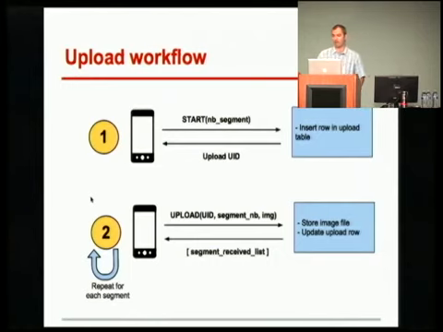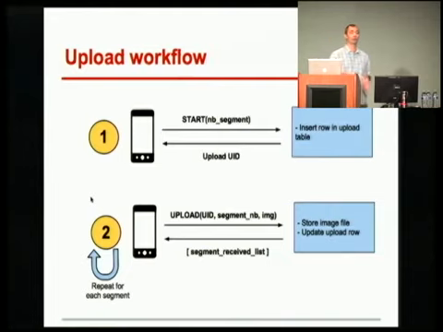The backend uses MySQL, we have an upload table. We say, all right, there's a new upload, insert a row in that table, we get a unique ID, and we store how many segments we expect. We return that to the client. And then the app calls a second API, the upload API, with that unique ID returned by the server, the segment number, and then the image.